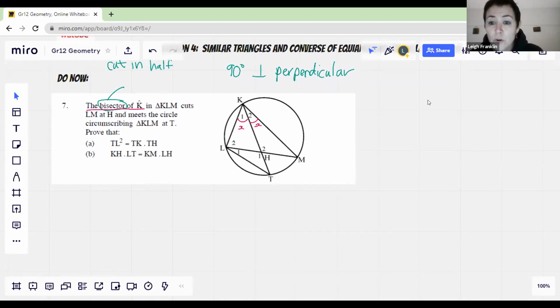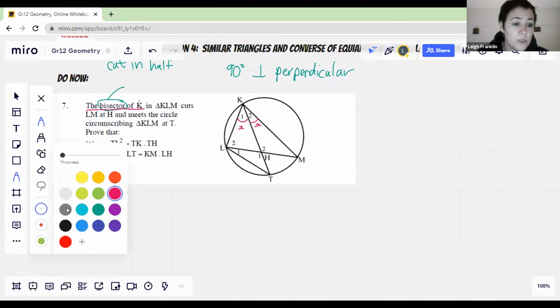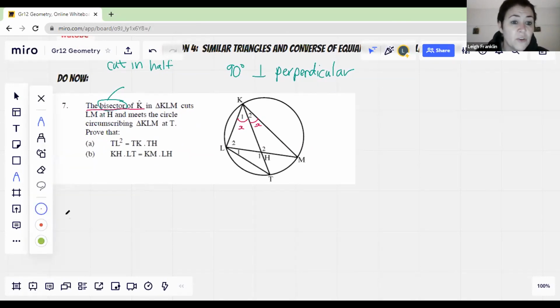The first thing that you're going to write on the page is which triangles you're working in. That does not stop you from doing a little bit of rough work on the side. You can label it as rough and then cross it out afterwards, but you don't even have to cross it out afterwards. So we're going to do a little bit of rough work over here.